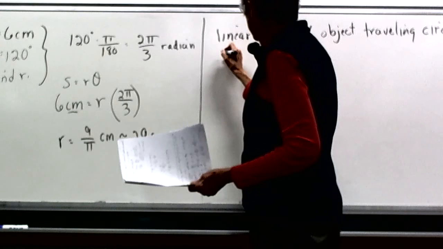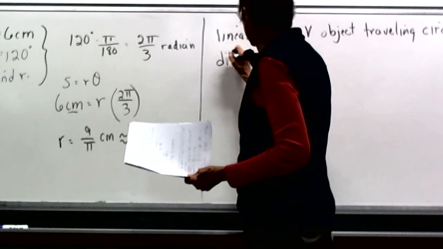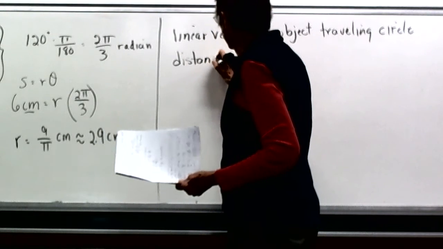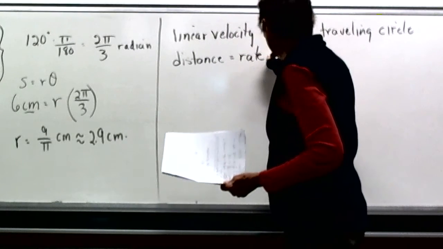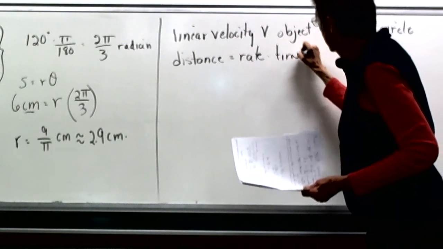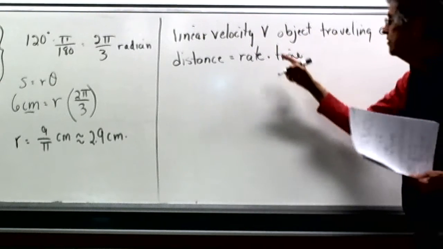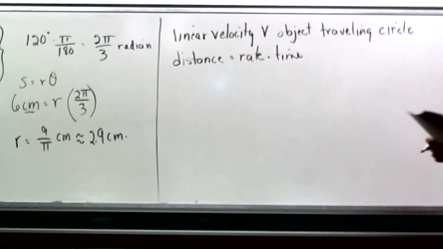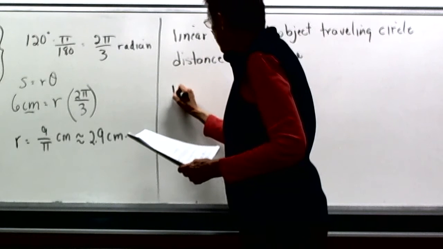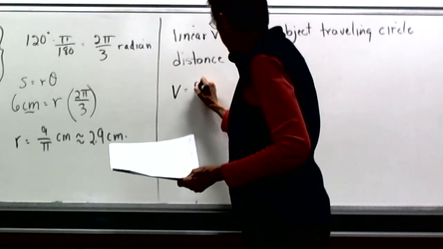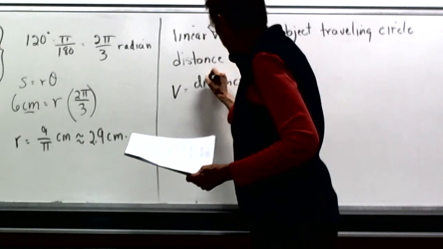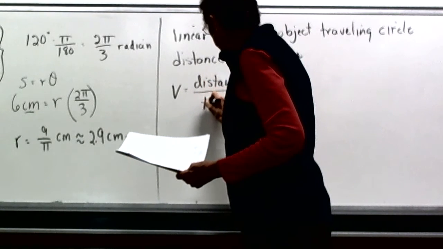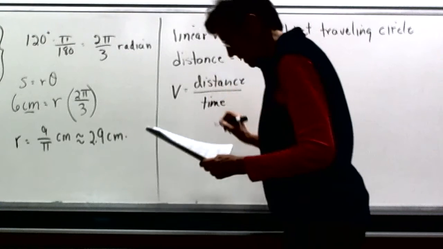Now remember that we have learned in the past that distance is equal to rate times time. And so we're talking about a rate, and so we can say that our velocity v is going to be the distance traveled on the circle divided by the time that it takes to cover that distance.